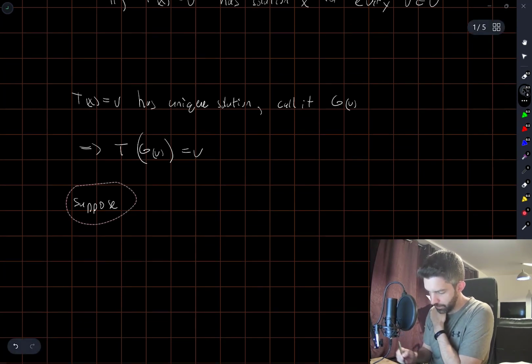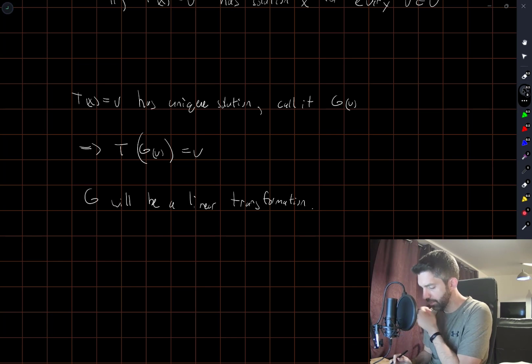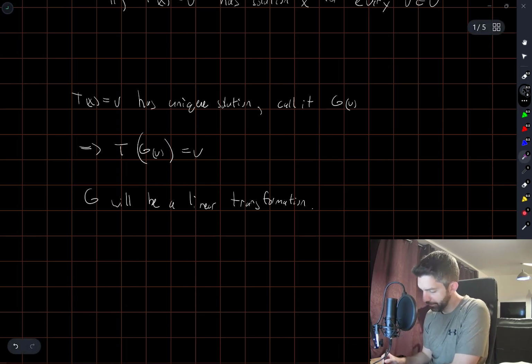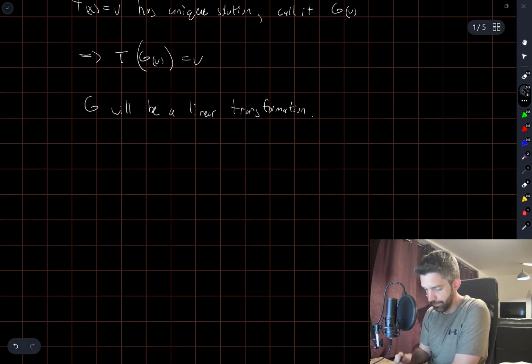And so g itself will be a linear transformation. I'm not going to prove that, but verifying the properties of a linear transformation for this function g would not be difficult. In fact, let me just go through it.